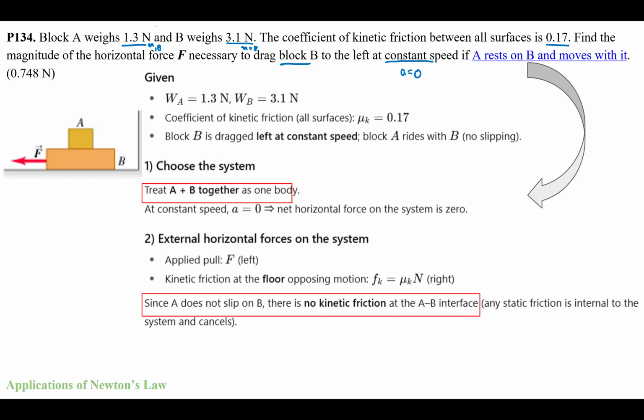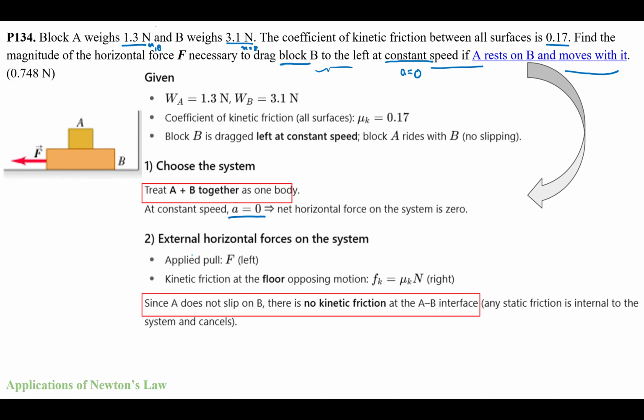So this is the natural statement, and how we are going to translate it into our physical model language. Choose a system: treat A plus B together as one body. Constant speed means that there are no accelerations. Okay.